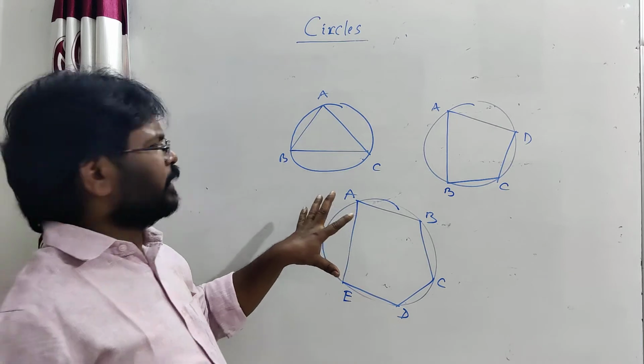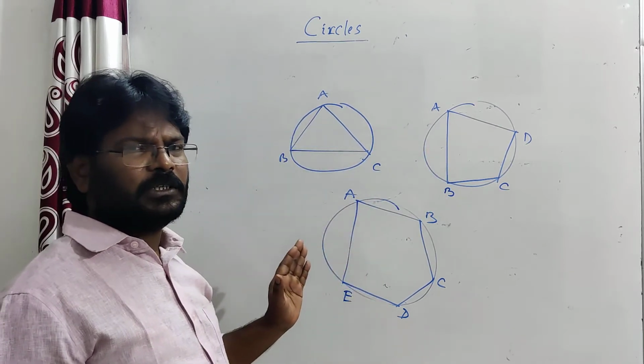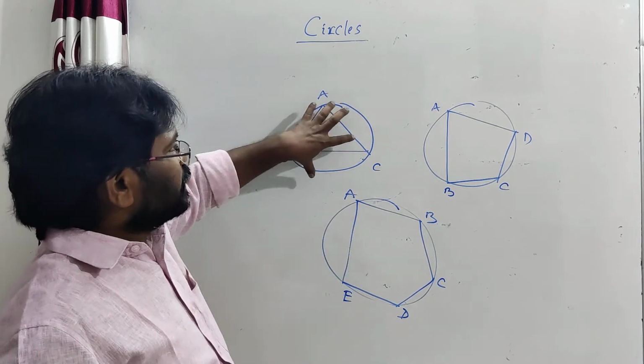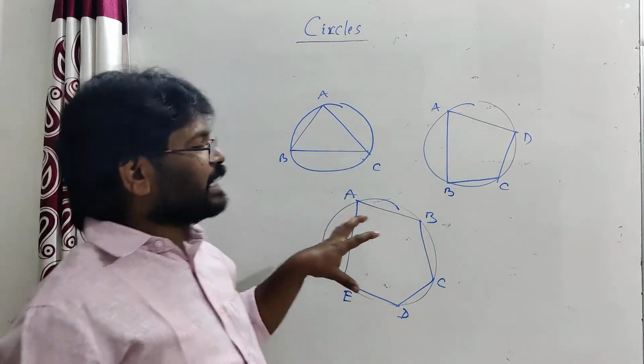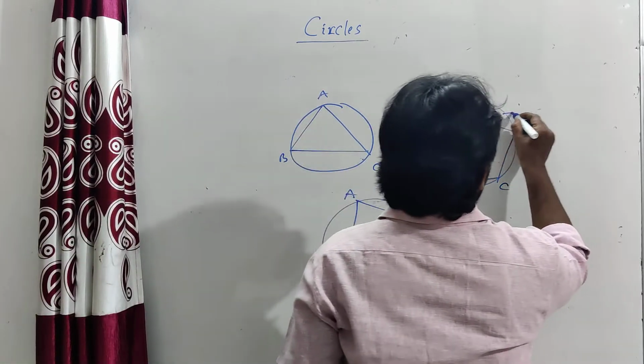Triangle, quadrilateral, pentagon, all are polygons. A polygon is a simple closed figure consisting of three or more line segments. So the circle which is passing through the vertices of a polygon is known as circumscribed circle.